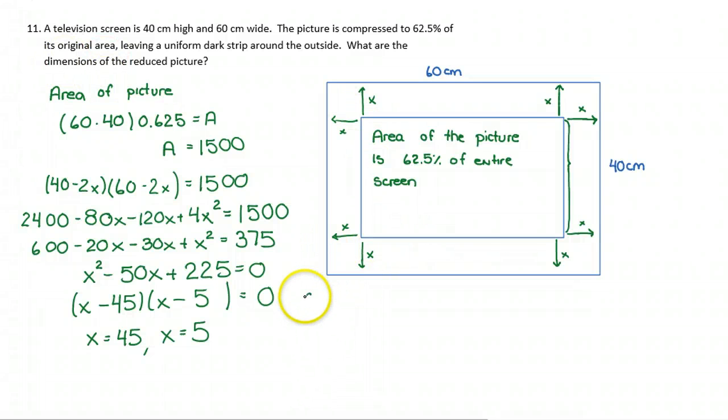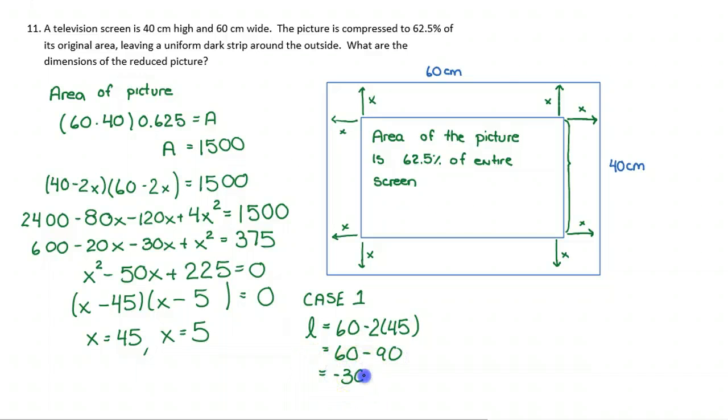Okay? So if we now know what x is, we can find the dimensions of the picture. So for case 1, the length is going to be 60 minus 2 times 45, and that's going to give me 60 minus 90, which equals minus 30, which doesn't make sense.